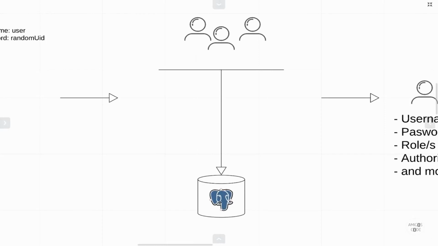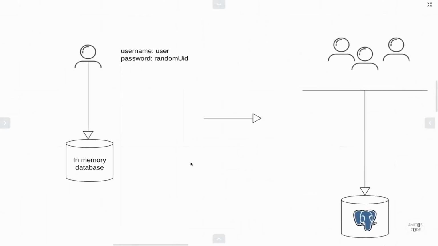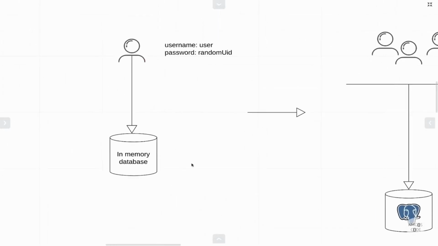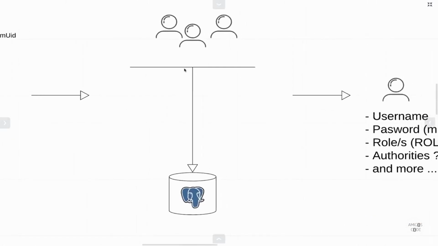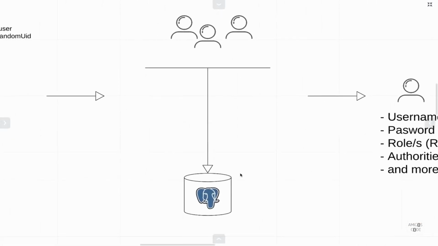And if you want to learn more about Postgres and SQL, go ahead and check my website for a course where I teach all of this for free. So the idea is that you have a bunch of users and then you want to store them inside of a database. So right here, you can see that whenever we restart the server, we lose this user's password. So with a real database, that won't be the case anymore.